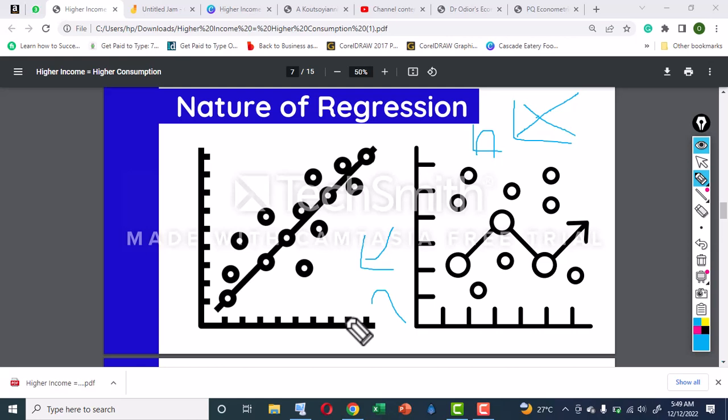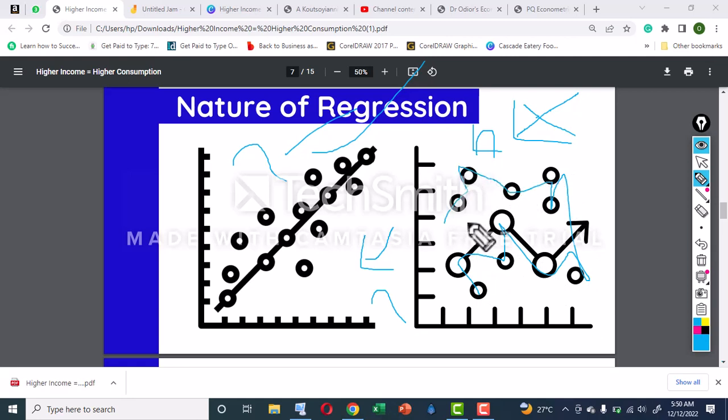We are looking at people of different heights, for example. It's going to form what we call a scatter plot, to the extent that there's no way you can get a perfect line or a perfect curve by connecting the dots. So if you look at this, how do you want to connect this dot that is going to make sense?